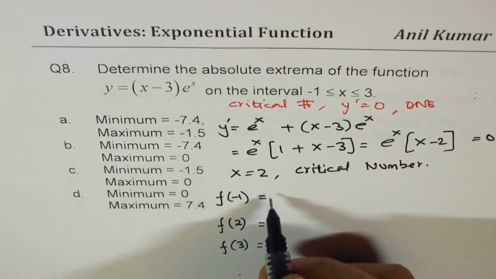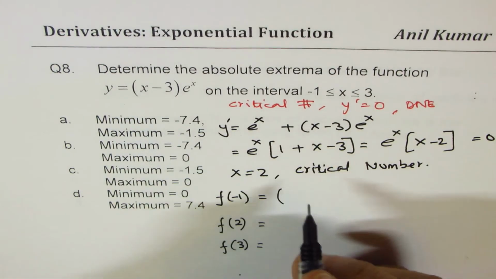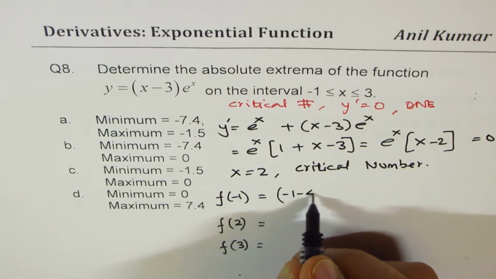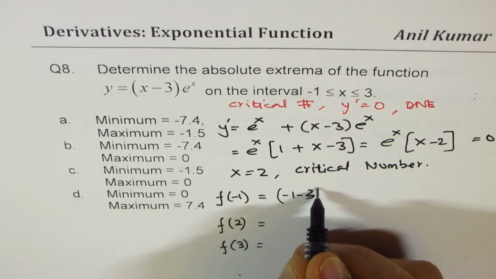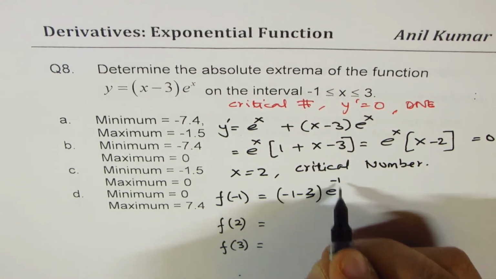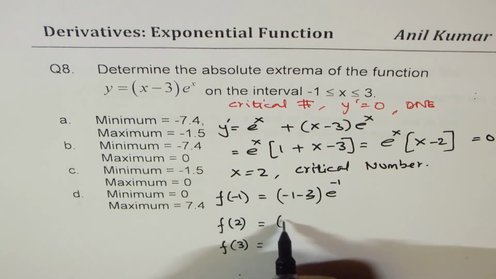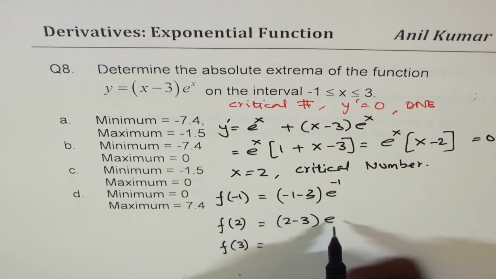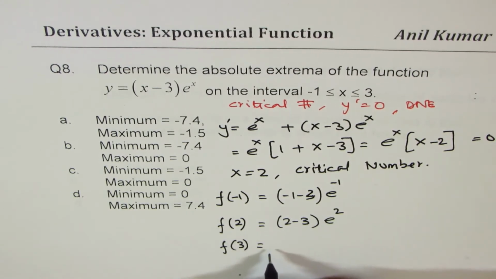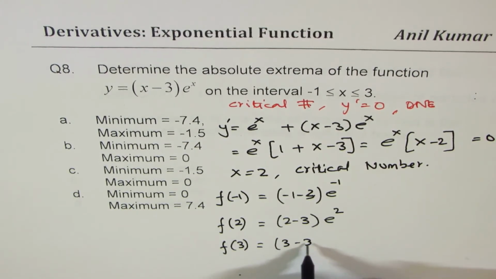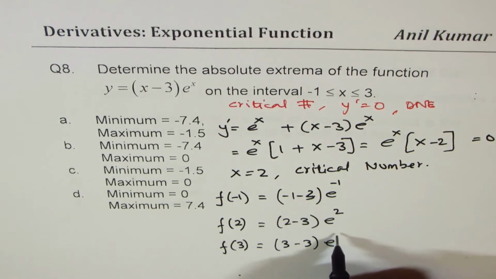So let's substitute here. Minus 1 will give me minus 1 minus 3. Okay, I want to write minus 4, e to the power of minus 1. For the second one, it gives me 2 minus 3 times e to the power of 2, and for the third one it gives me 3 minus 3 times e to the power of 3, right?